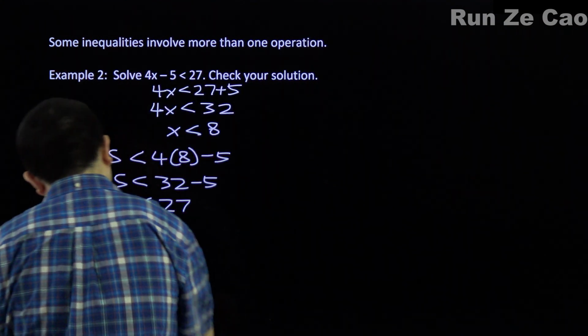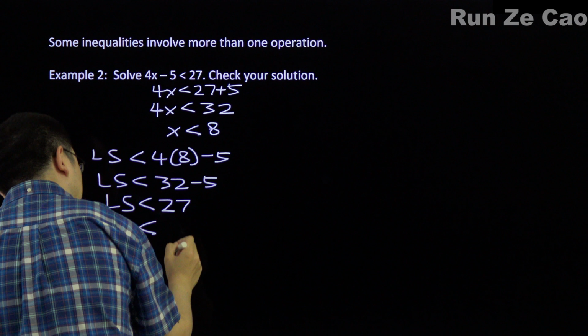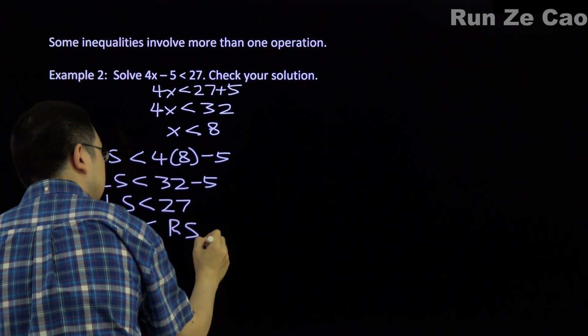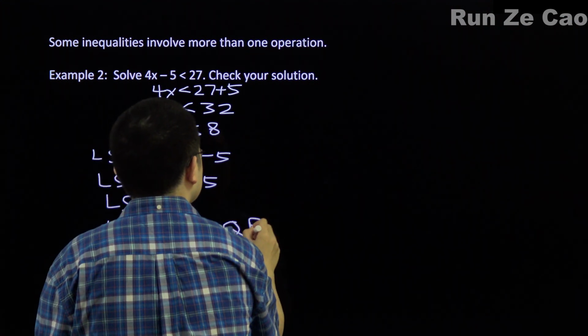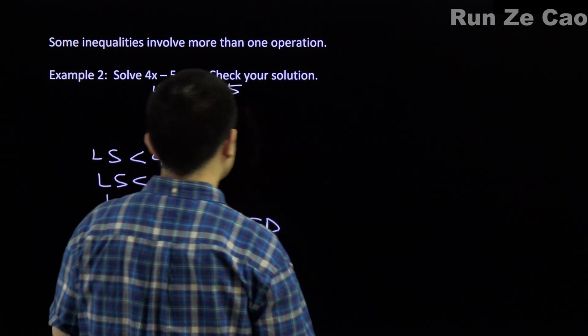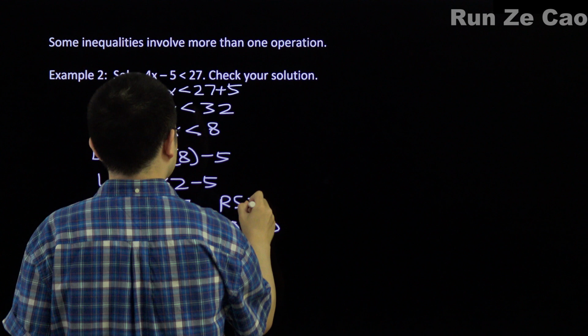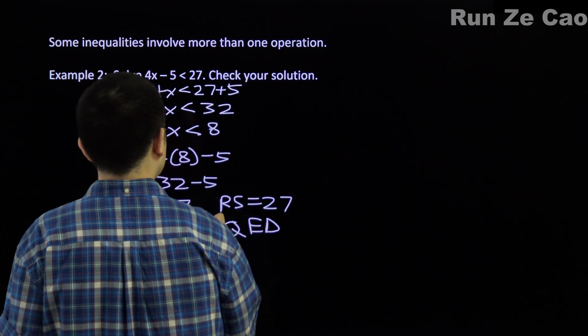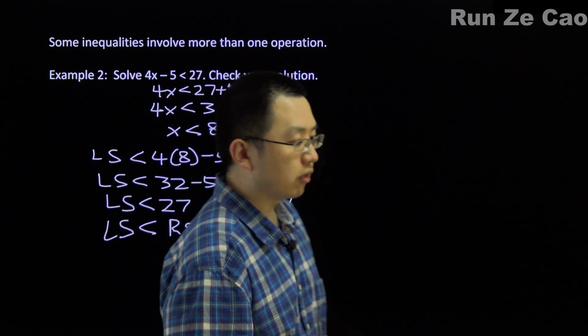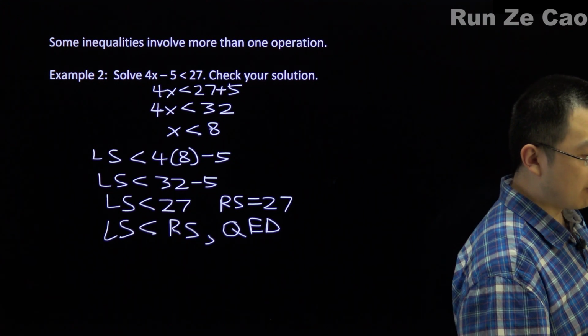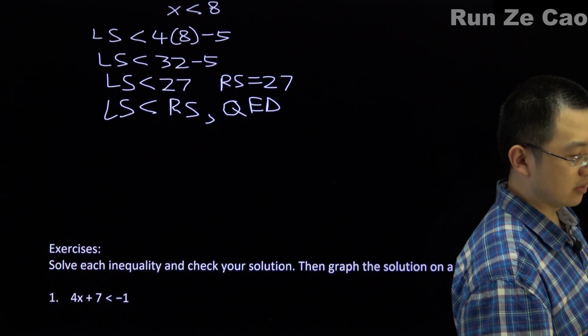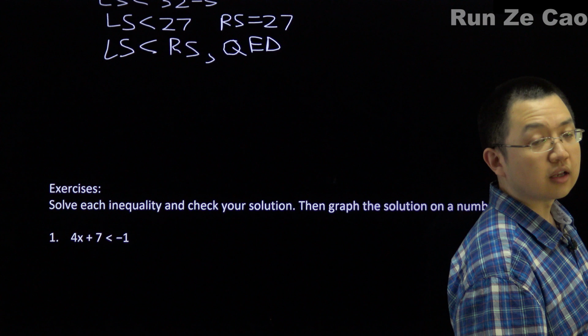What do we get? Left side less than right side. QED. Of course, you may have to actually state that right side equals 27 at some point, depending, of course, on how much is required of you by convention. Still, stating it doesn't hurt.